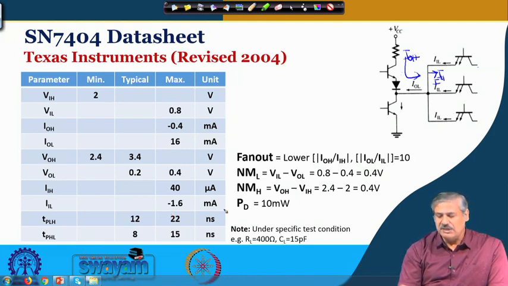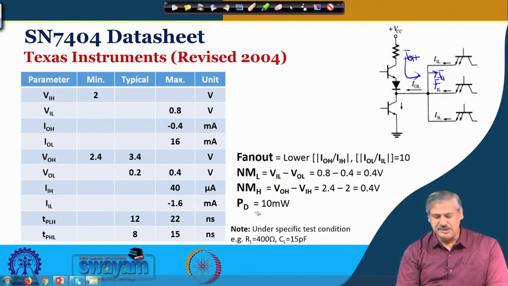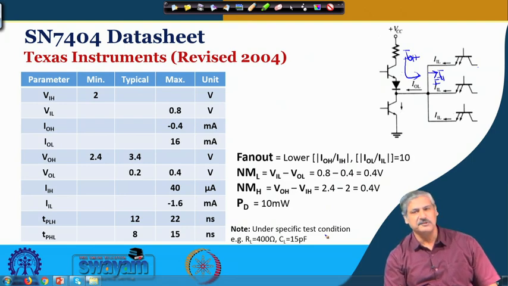And the other reason for which low to high is more compared to high to low, that we have discussed before, is the time it takes to bring the transistor out of saturation, which is more in case of a transistor driven from saturation to cut off, because of the charge redistribution that is required. And propagation delay high to low is the case which is relatively low, and this is measured under some specific condition. Okay.